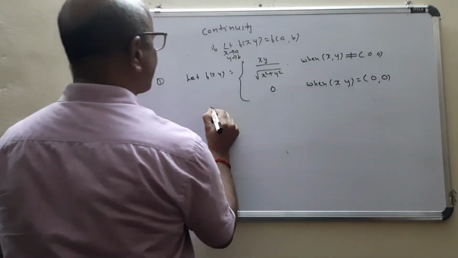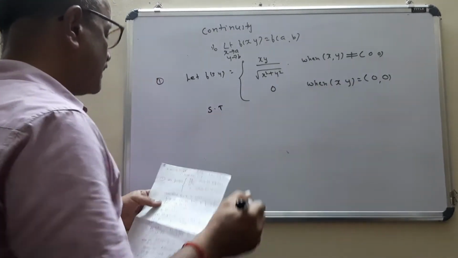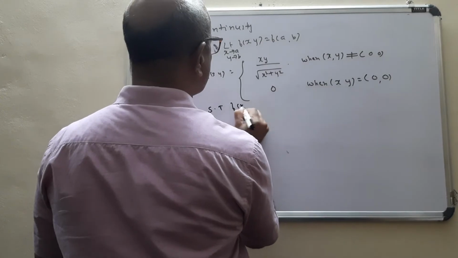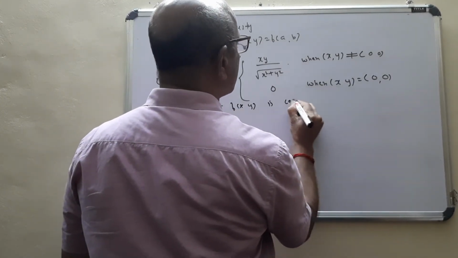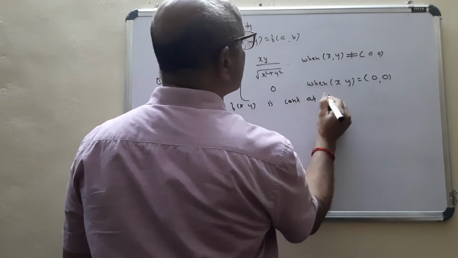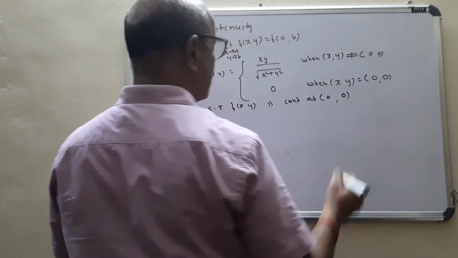Show that the function f of xy is continuous at the origin, or (0, 0).